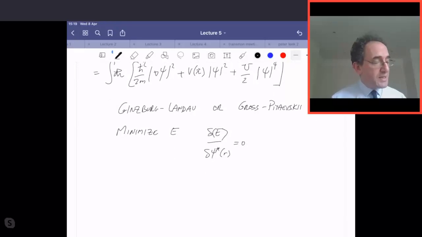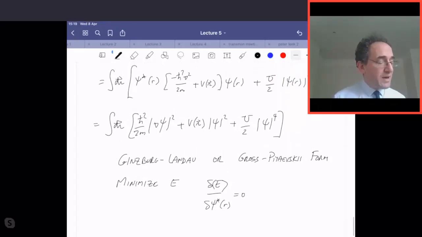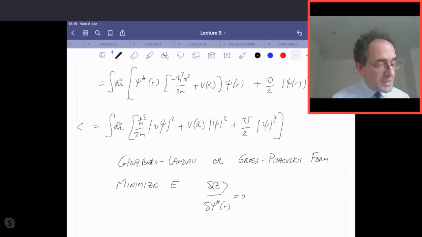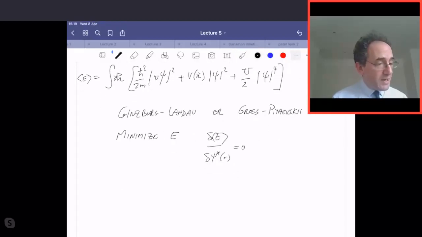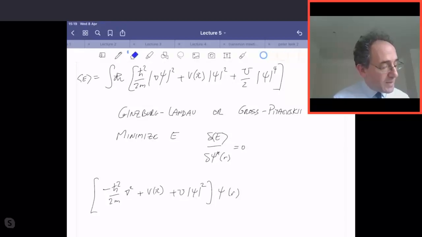Taking the functional derivative of this equation gives us the following result: [−ħ²/2m ∇² + V(r) + U|ψ(r)|²] ψ(r) = 0.